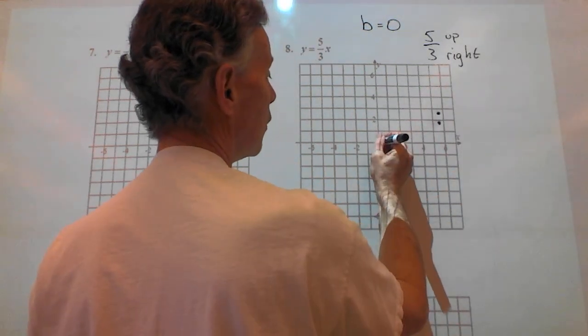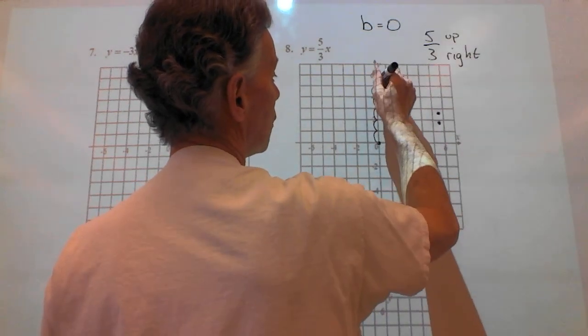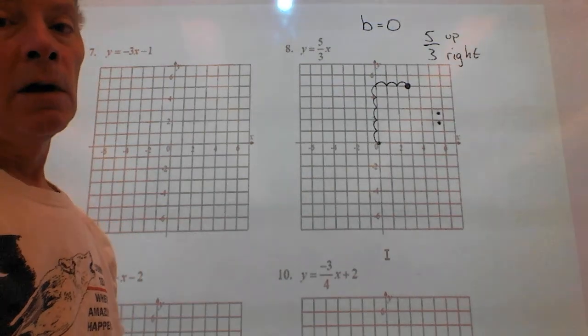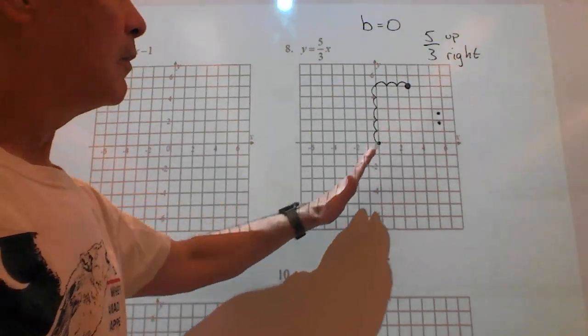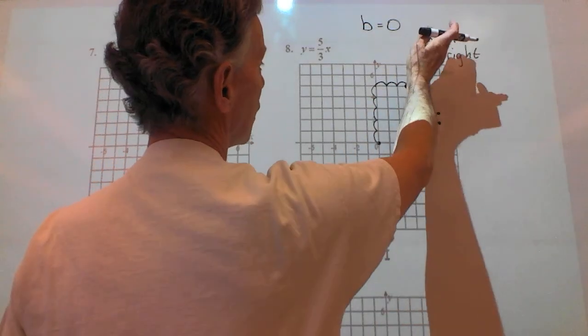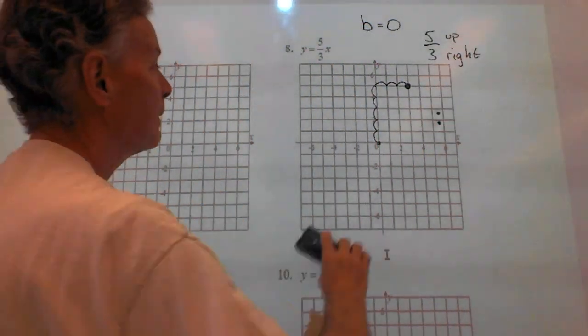So to get to our point, we go 1, 2, 3, 4, 5 up, 1, 2, 3 to the right. Look, we did it. I won't join the points, you know the deal. You join the points with the ruler. Again, your line is going to go up to the right, indicating you have a positive slope. Okay?